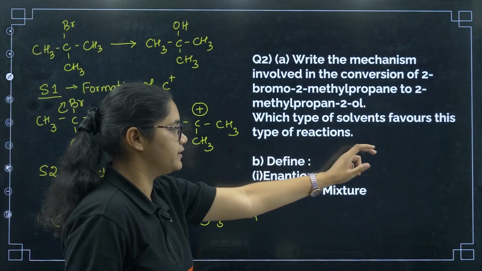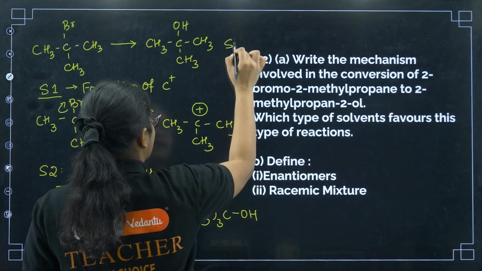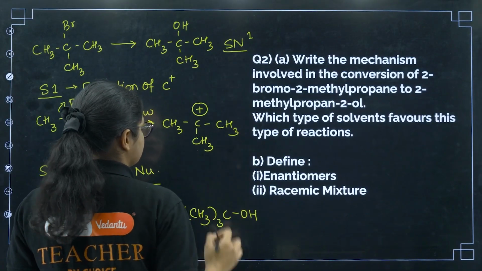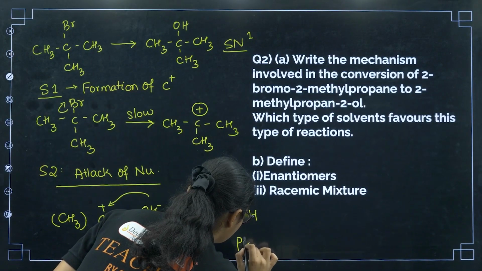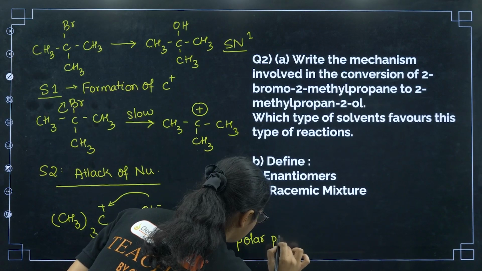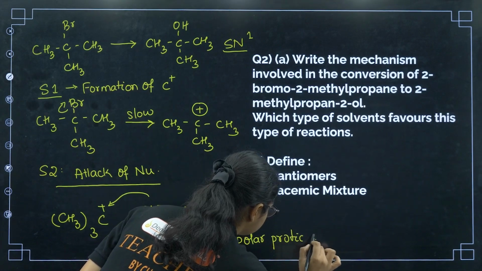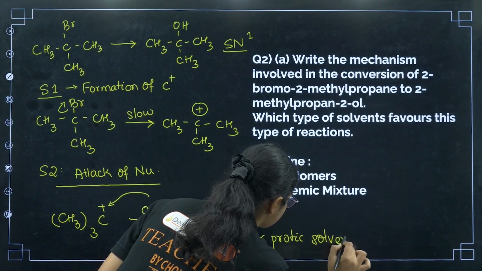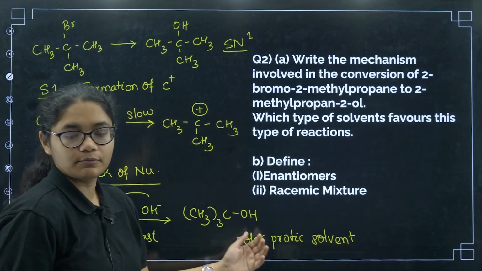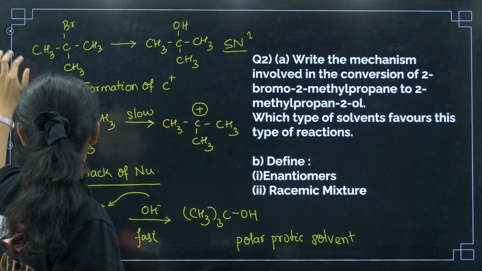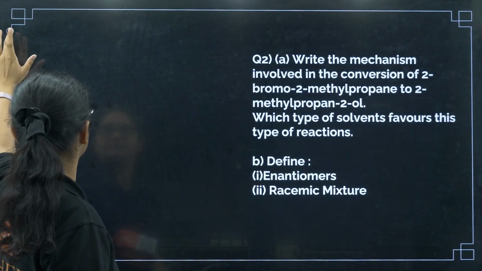Then which type of solvent? So it follows, you can write down here, SN1 mechanism. SN1 mechanism will require polar protic solvent. Next, you have to define enantiomers and racemic mixture.